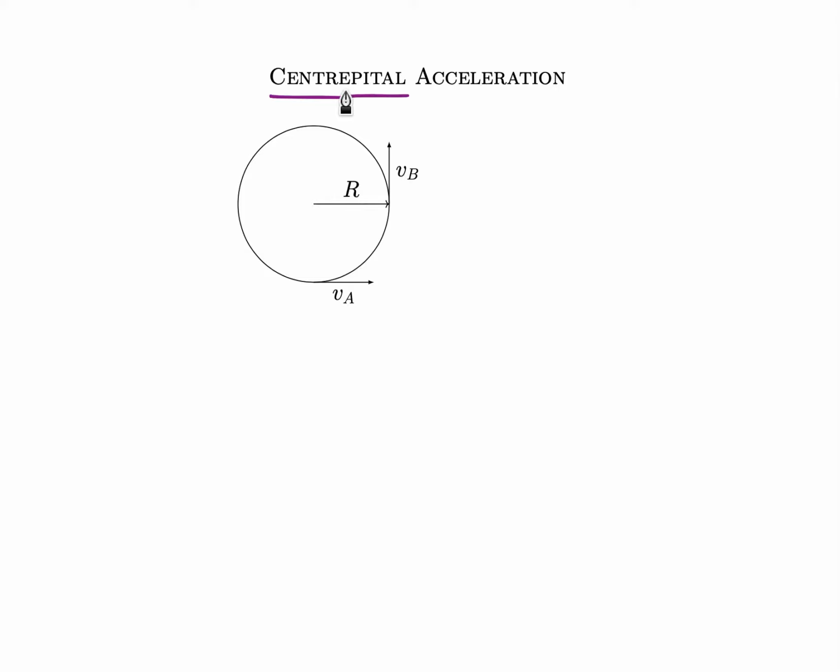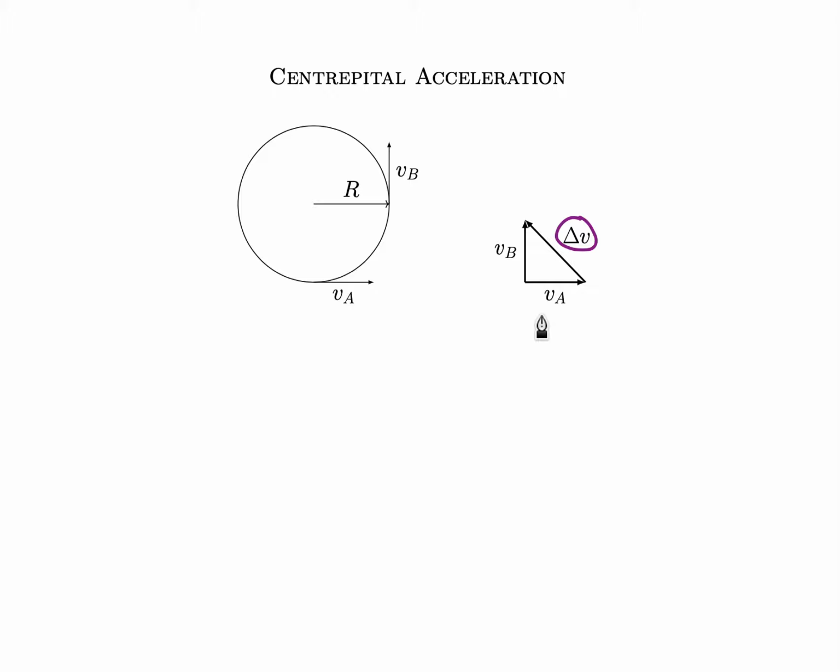I'd like to go through a quick slide here to show you how you could get to the formula for centripetal acceleration. But in the end, I think really what's going to matter is what the formula is. So the formula for acceleration is delta v divided by delta t. We need to know what's the magnitude of the change in velocity.